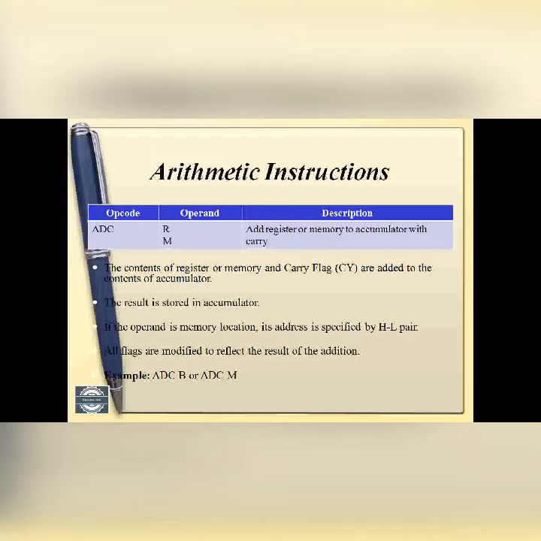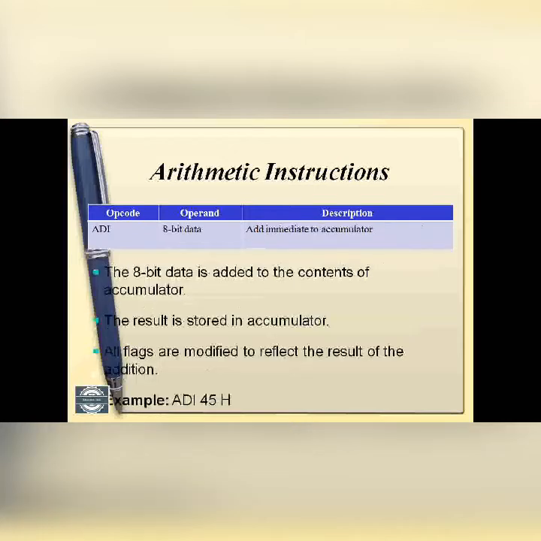ADD is telling only to add. If there is carry, you cannot do this. If the carry operation is there, we need ADC. And if you need to add 8-bit data immediately to the content of the accumulator, then you need ADI. So ADD, ADC, ADI, these are the purposes of addition.